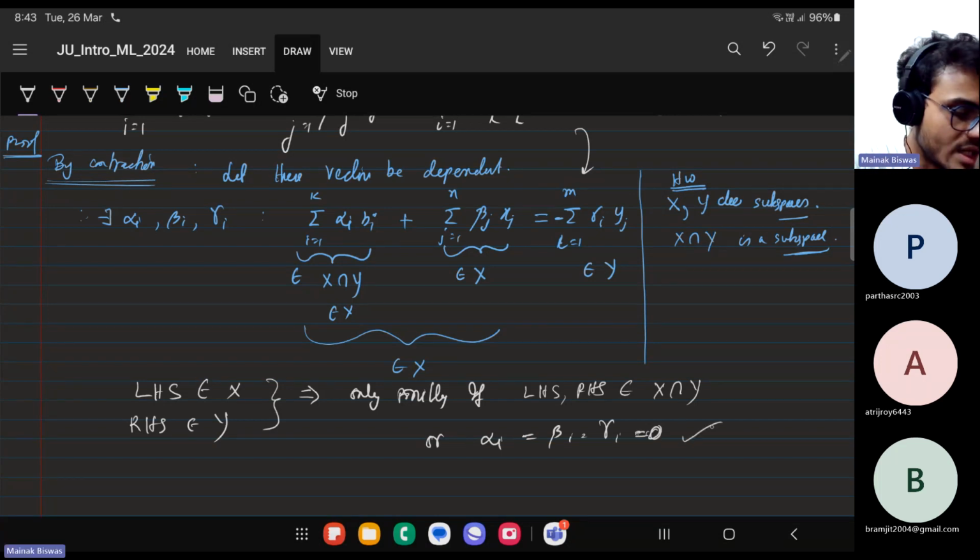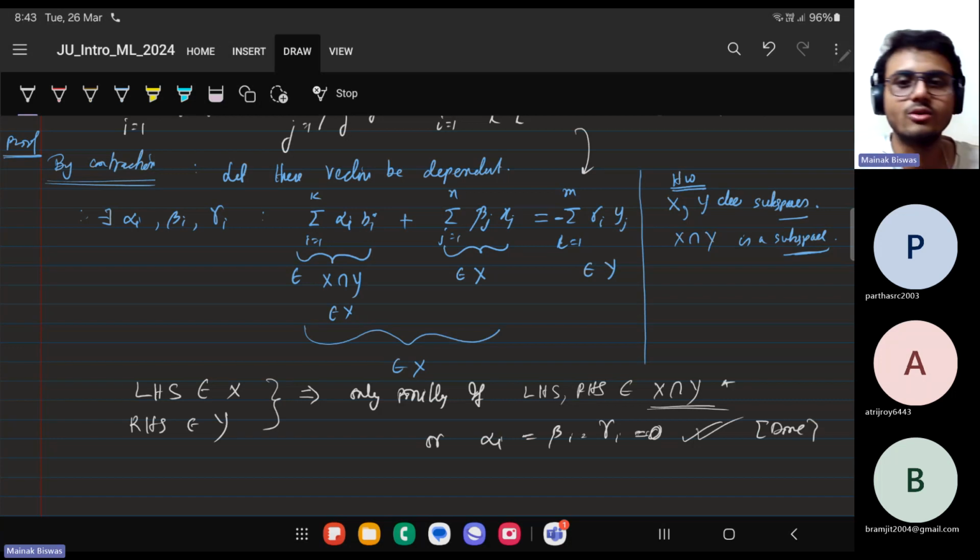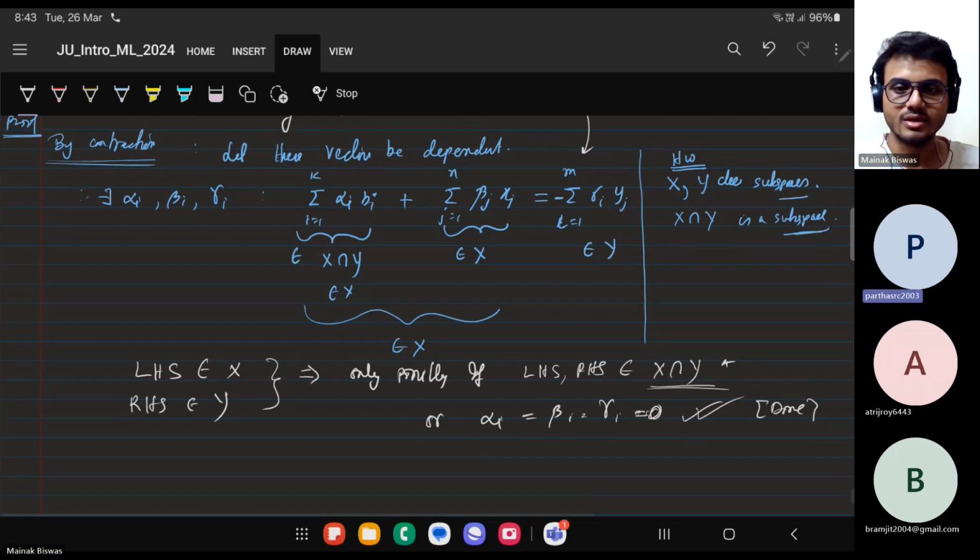If this is the truth, then we are already done. They're independent. But if this is the case, the first case, what will I do? How can I disprove the statement? This equation, if I put all the alpha i's, beta i's, and gamma i's equal to 0, will the equation not hold? 0 equals 0.